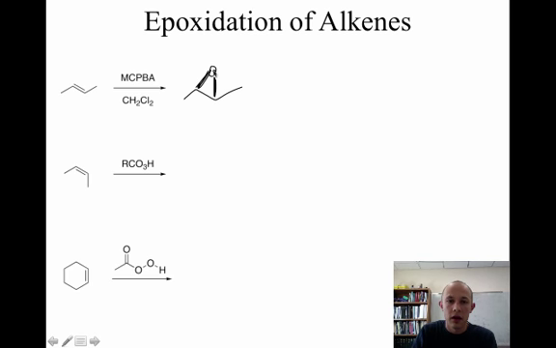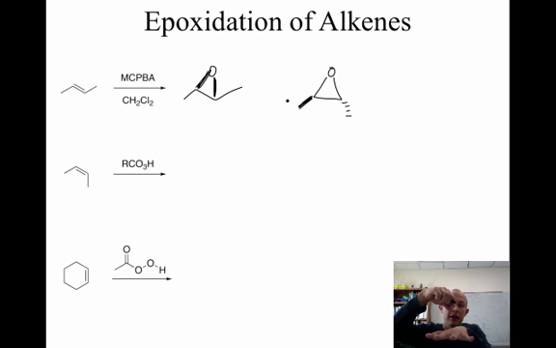Another way we could draw this, which can be confusing, is we could make these 3 atoms in the plane. So we have an oxygen, carbon, carbon, oxygen. If we tilt the molecule back, that's going to push this methyl group up, and that's going to push that methyl group back. So notice that the trans alkene gives a trans epoxide, even though it's a syn addition, because the oxygen added to the same side of the alkene.